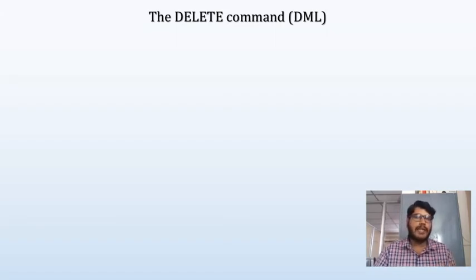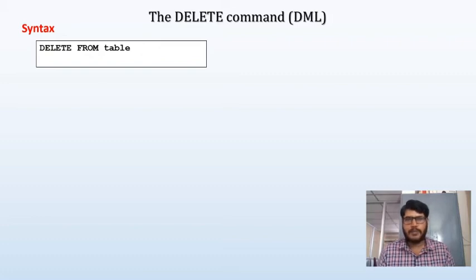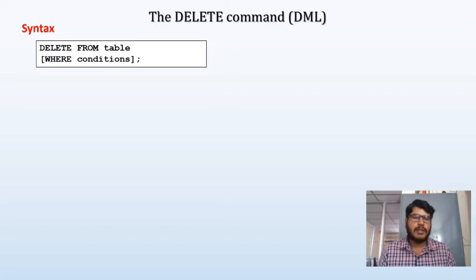With the help of the delete command, we can delete the existing record. Let me show the syntax first. The syntax is very simple. Delete from table name, and the where clause is optional, used if it is required.